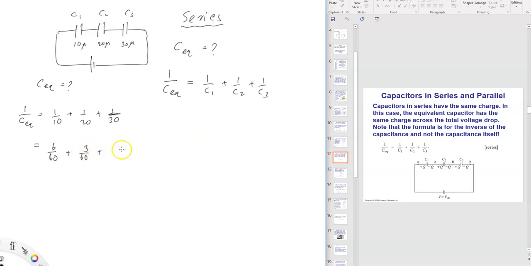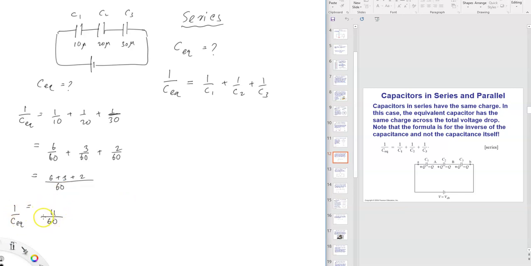Yep. Plus 2 over 60. Now we wrote everything with a common denominator 60, and then it becomes just 60 under the line, 6 plus 3 plus 2, which is 11 over 60. Now this is 1 over CEQ.